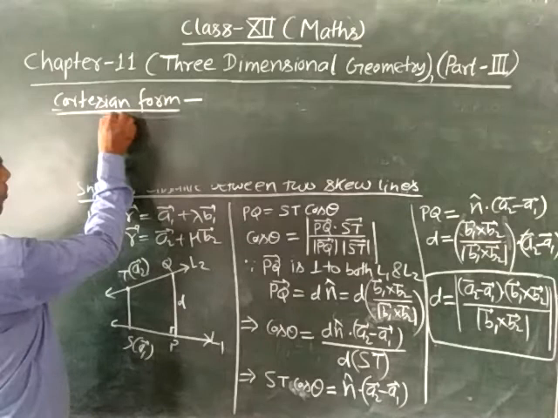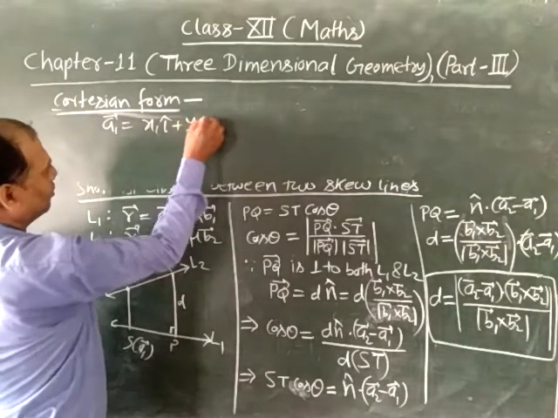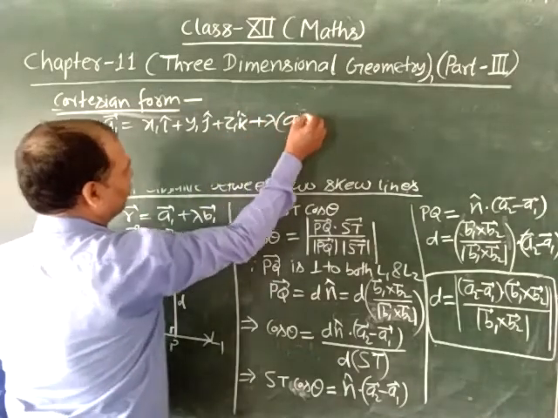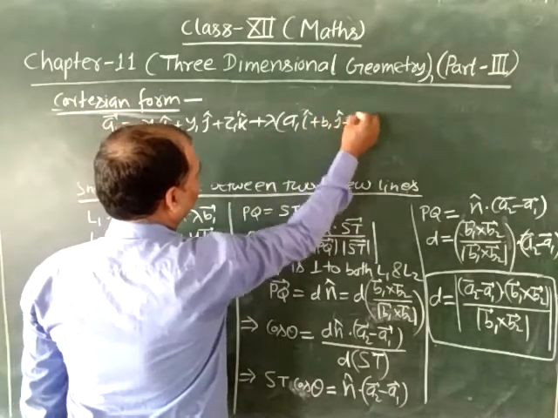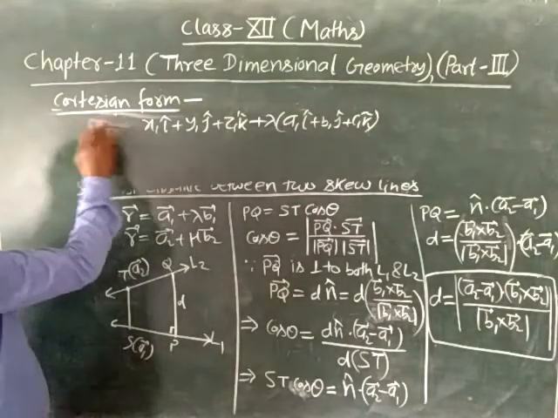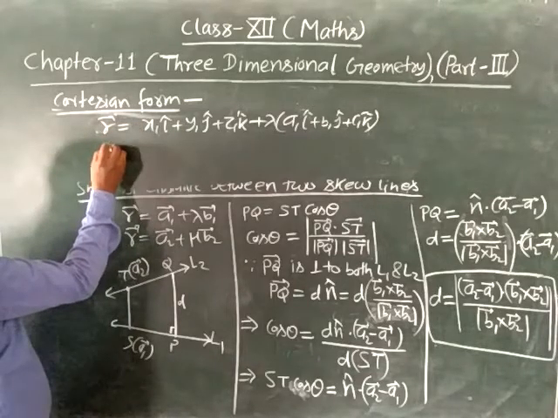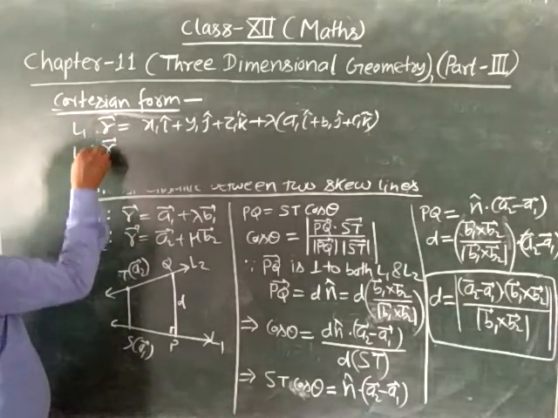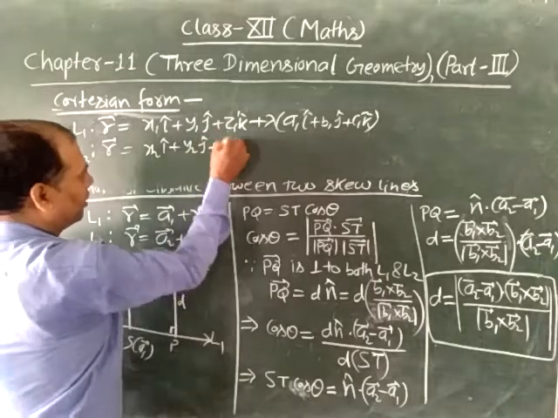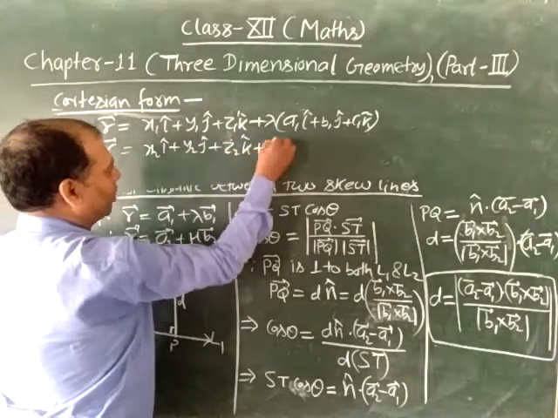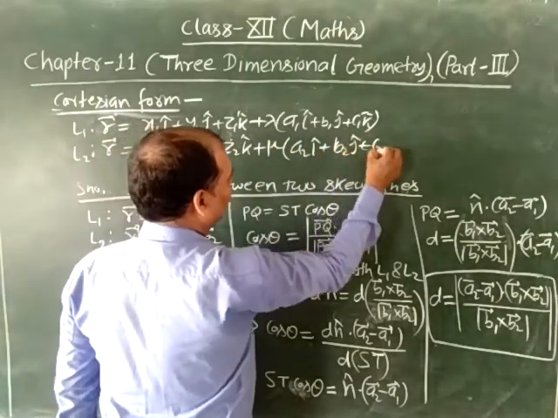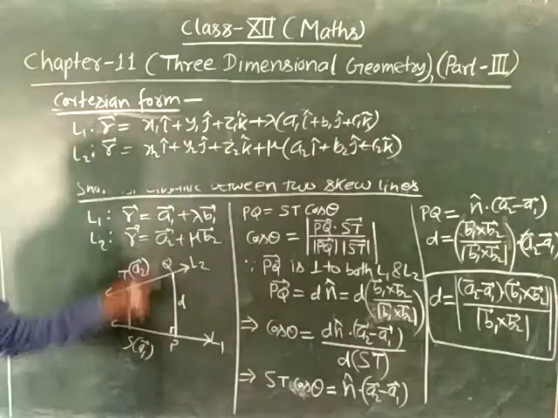Consider vector A1 equal to x1 i plus y1 j plus z1 k plus lambda times of a1 i plus b1 j plus c1 k, and the equation of line, this is vector R, and the equation of line L2 in component form is written as x2 i plus y2 j plus z2 k plus mu times of a2 i plus b2 j plus c2 k. This is the component form of these two equations.